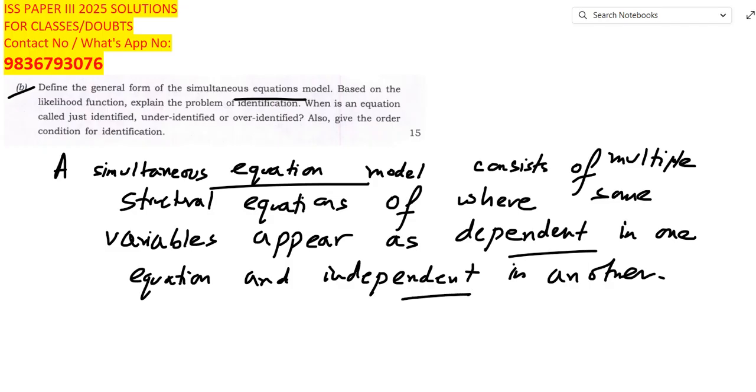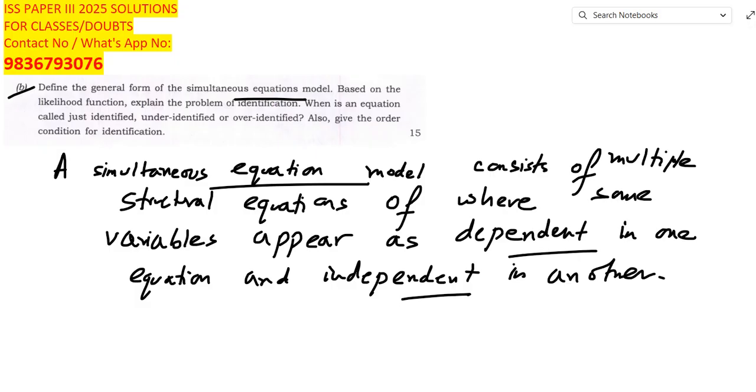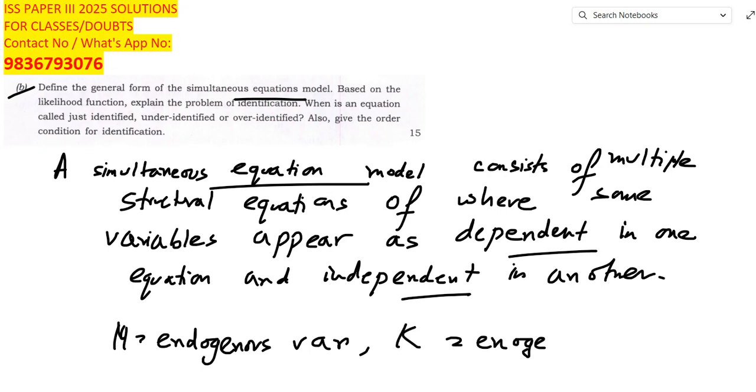These are simultaneous. Now the equation looks like, if we write it down, let there be m endogenous variables and k exogenous variables.